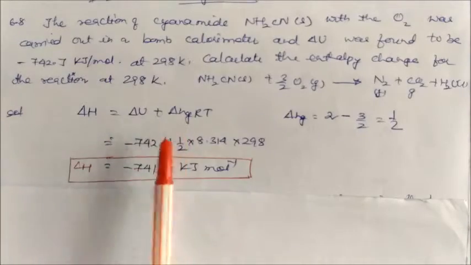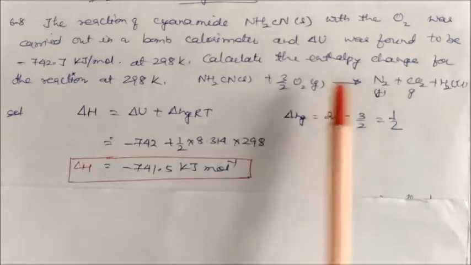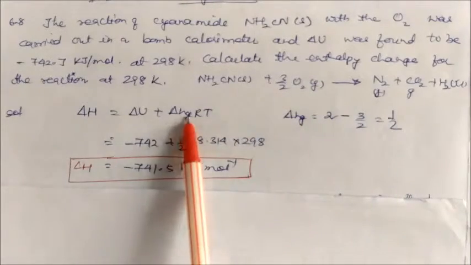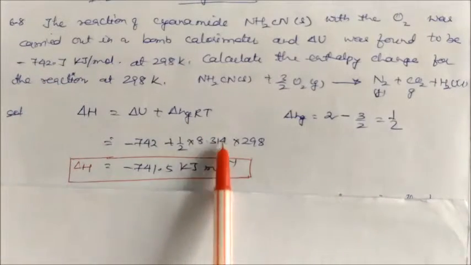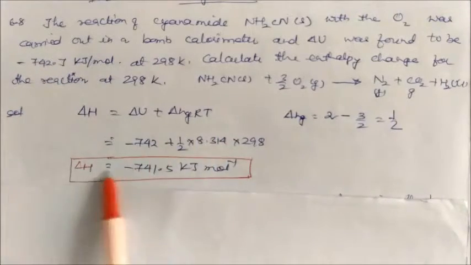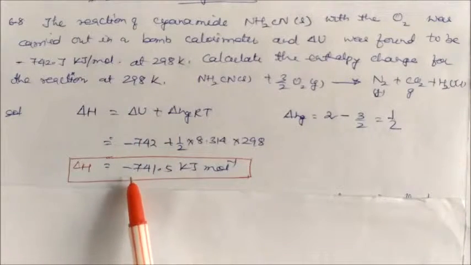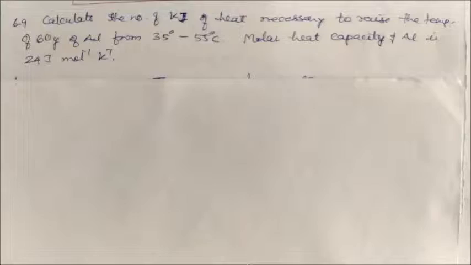This is solid, these three are gases, and this is liquid. So there are 2 moles and 3 by 2, so on subtracting you will get 1 by 2, half mole. Delta Ng is half mole. Delta U is given over here, R is 8.314, temperature 298 Kelvin. On solving, you will get the change in enthalpy of this reaction, that is minus 741.5 kilojoule per mole.